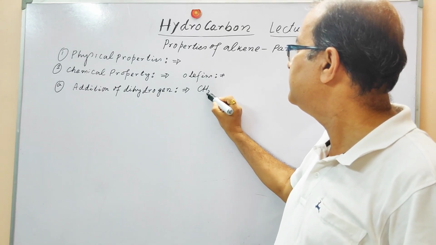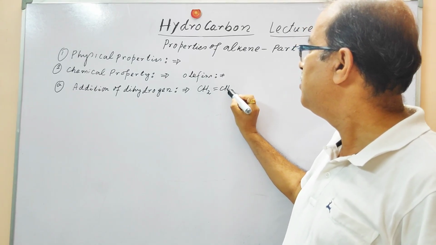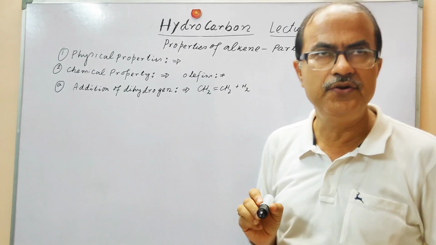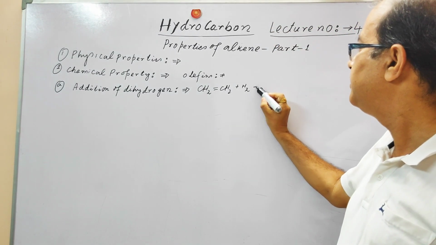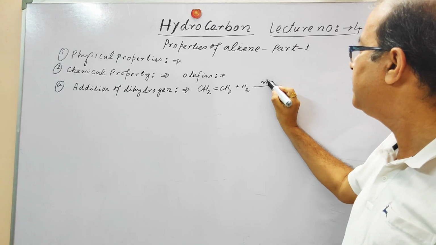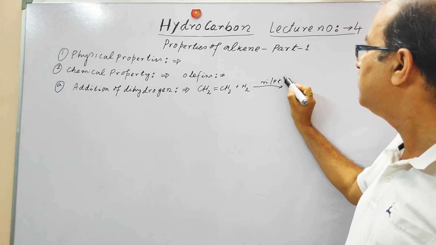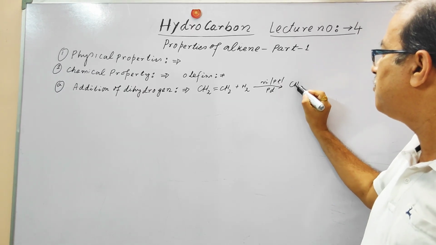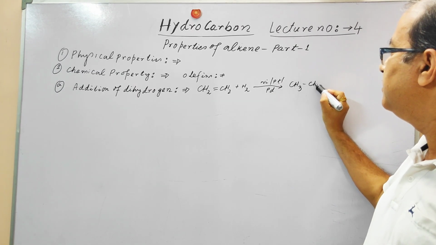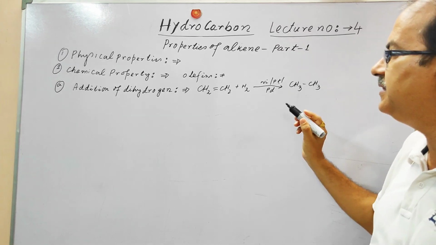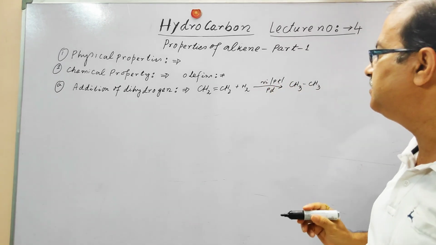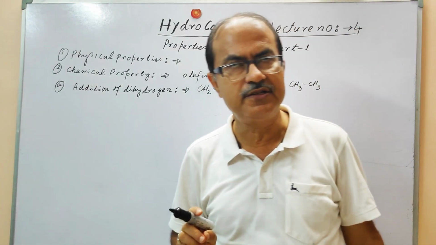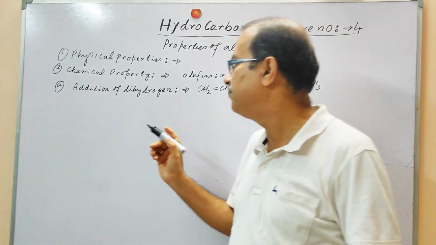As for example, when ethene reacts with dihydrogen in the presence of nickel, platinum or palladium, it is going to form ethane. It's a very simple reaction, and from this reaction we have already discussed that alkane can be prepared.